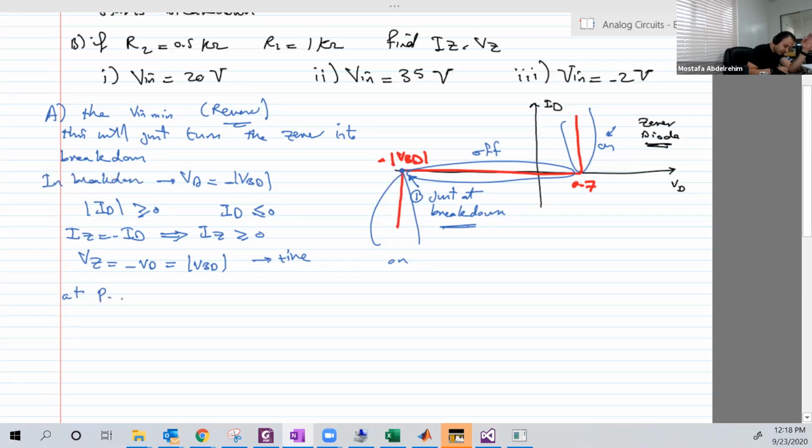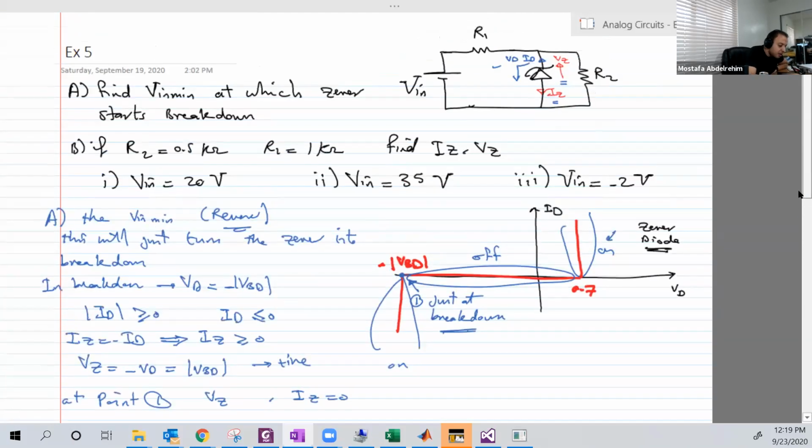But at point 1, the voltage is VZ and the current is equal to 0. So the voltage of the Zener is equal to VZ and the current is equal to 0.